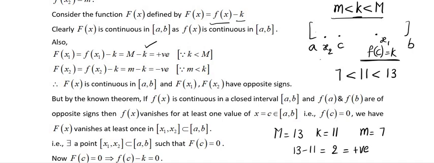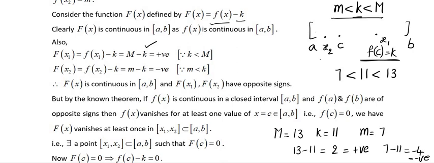Again the same values, m is 7, k is 11, so minus 4, which is negative. That's why we are going to get a negative value here. Observe, capital F of x1 has a positive value, capital F of x2 has a negative value.